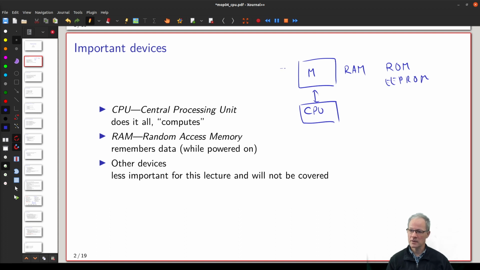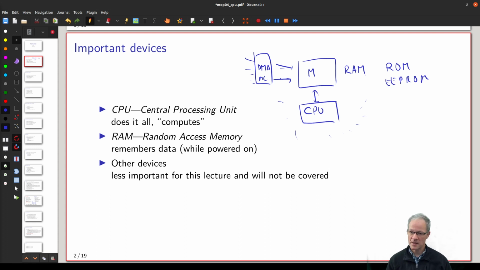There are other devices surrounding this ecosystem as well. Quite many of them are actually talking directly to the memory. Sometimes there's this thing called DMA, Direct Memory Access controller, or just a memory controller, MC, that allows other devices to talk to the memory directly. For example, if you have a sound card in a computer, it may just take data from the memory and play it as it goes on.